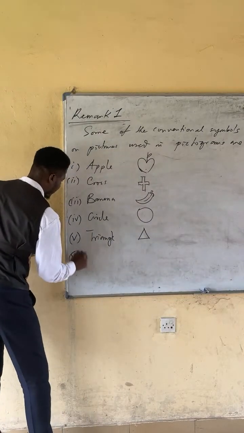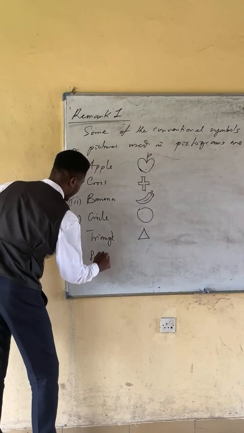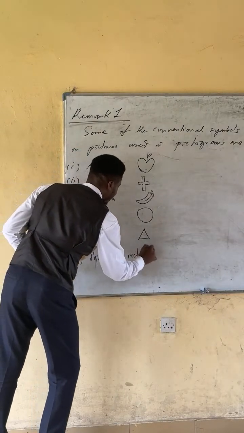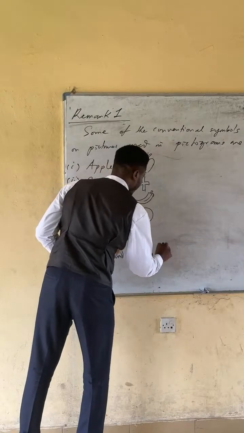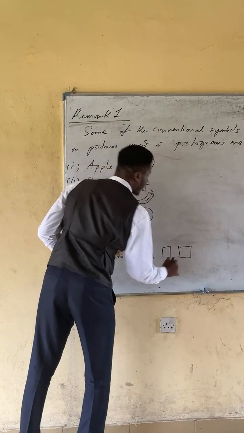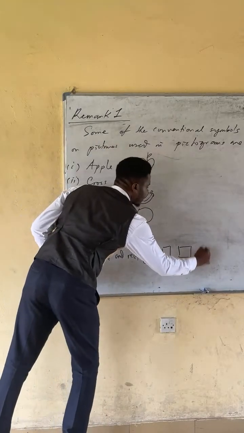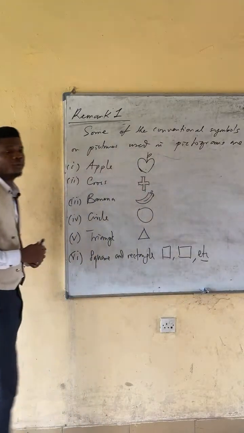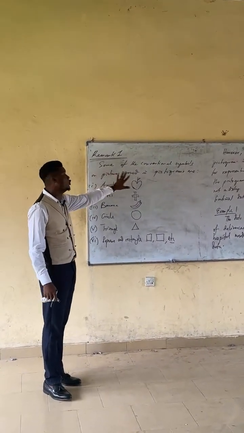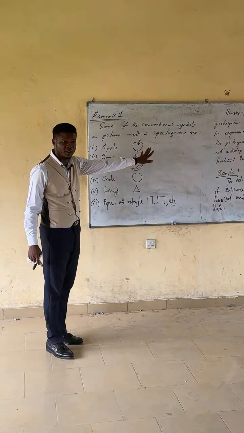You could have the square and rectangle. You could have that also. Now, let's put etc. here. So, all these are conventional symbols used in the pictogram. Is it clear?